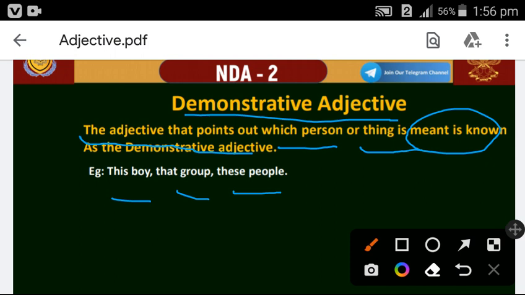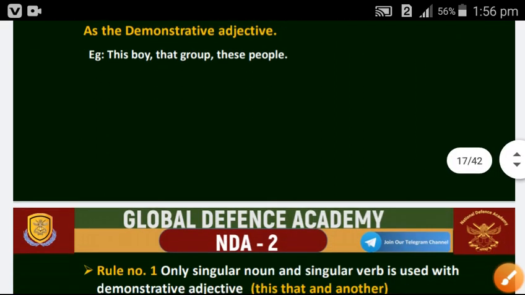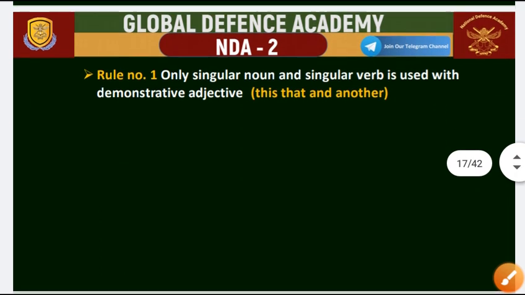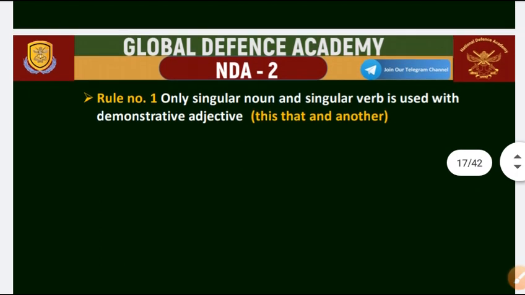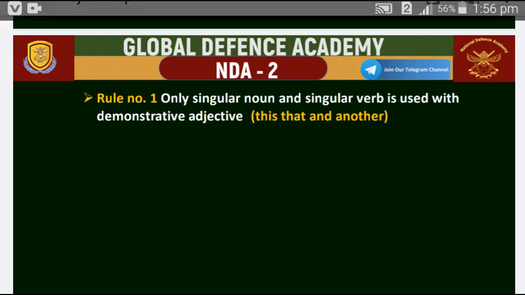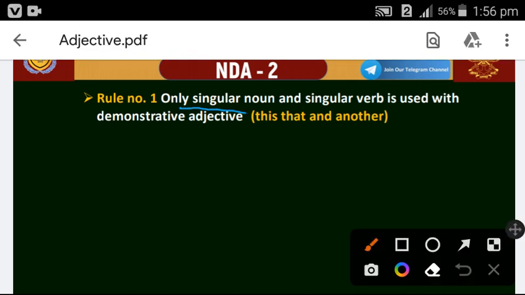Okay? And here is the first rule that comes under demonstrative adjectives: only a singular noun and a singular verb are used with a demonstrative adjective.